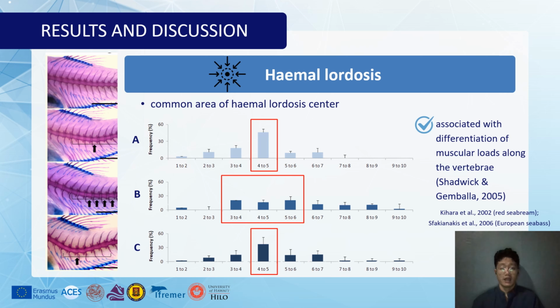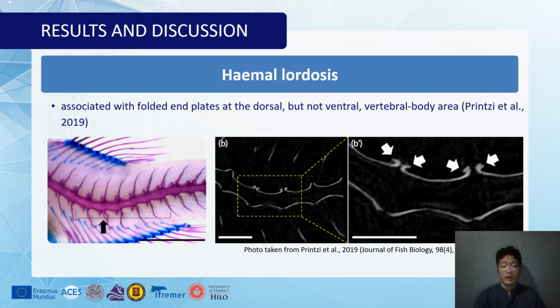And this area of lordosis center is actually observed in sea bass and sea bream in other studies by Kihara et al. 2002 and Sfakianakis et al. 2006. Prince et al. 2018 reported that Haemal lordosis is associated with the folded end plates at the dorsal part of the vertebral body of the fish due to intense swimming.